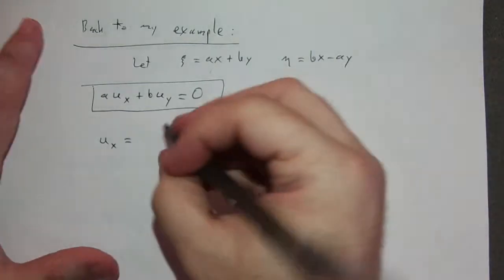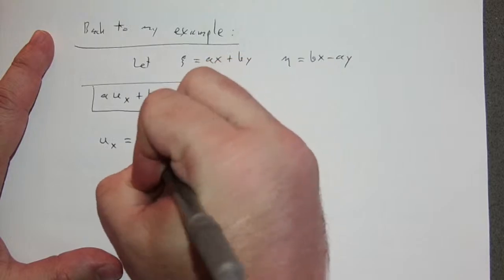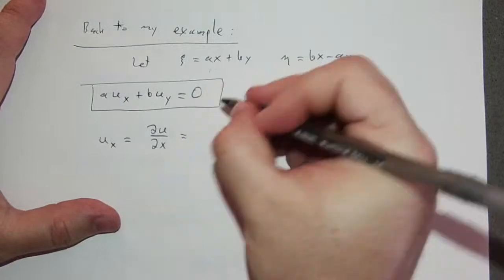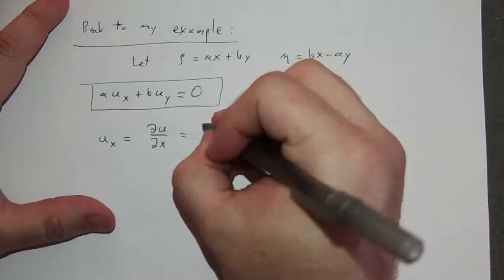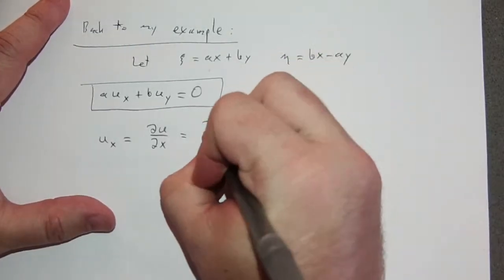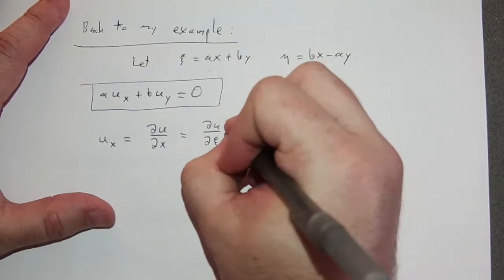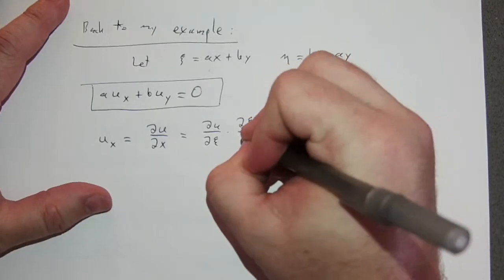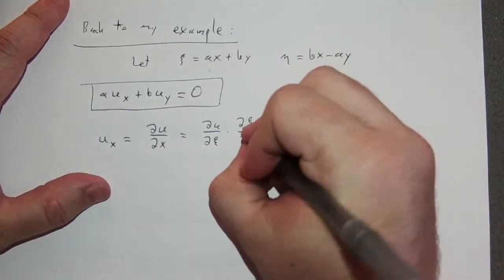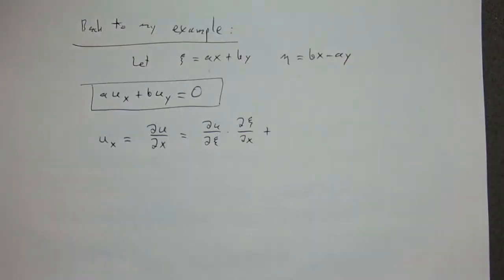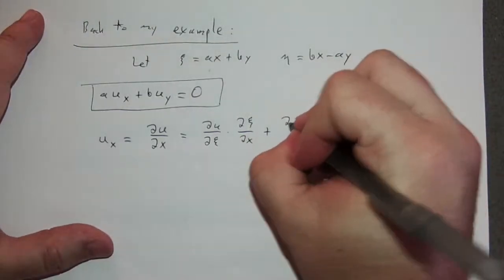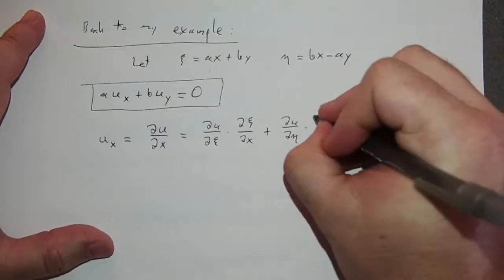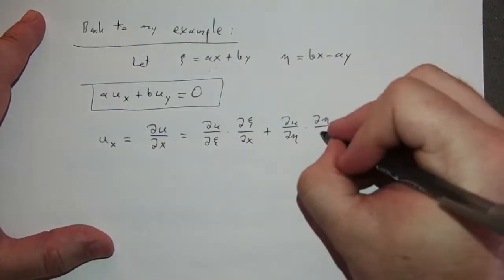Well, u sub x, of course, is the partial of u with respect to x, but using the multivariate chain rule, this is actually the partial of u with respect to xi times the partial of xi with respect to x plus the partial of u with respect to eta times the partial of eta with respect to x.